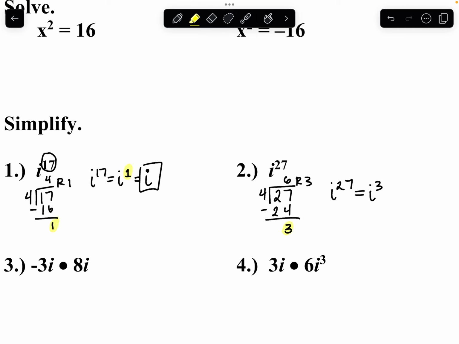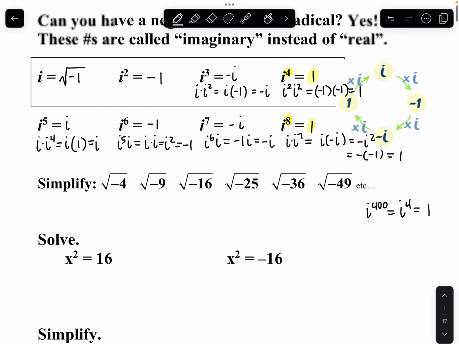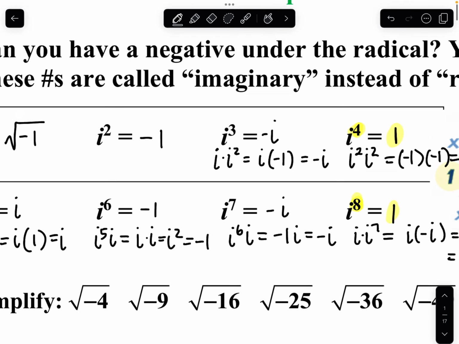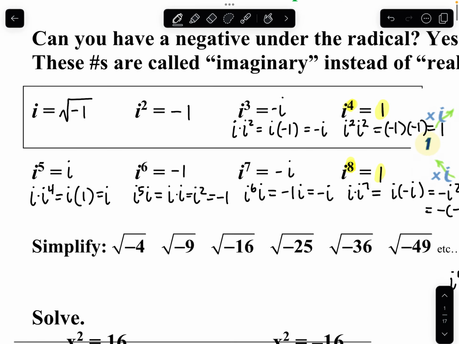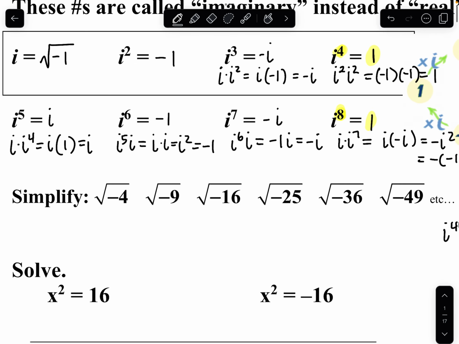Here my remainder was 3, so it's equal to i to the 3rd, and we know i to the 3rd is -i from the work we did above. You really just have to memorize these top 4, and then you can do any power of i by just seeing what the remainder is when you divide the exponent by 4.